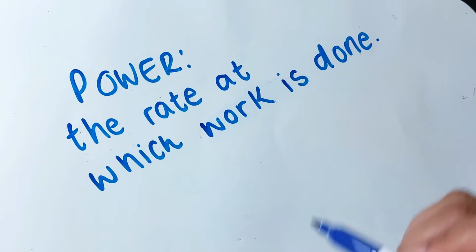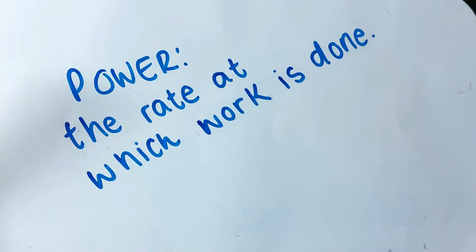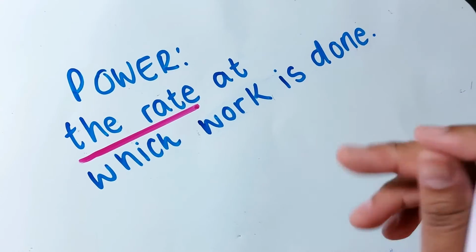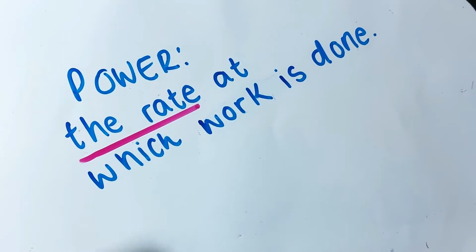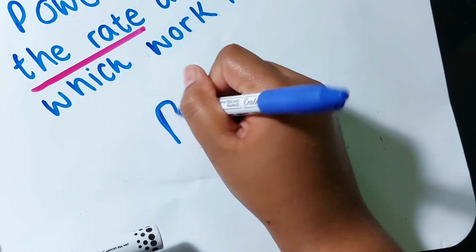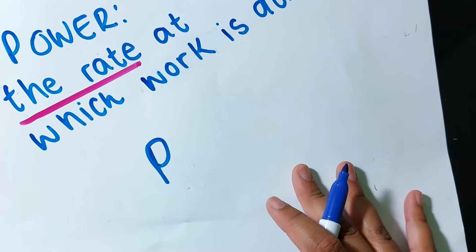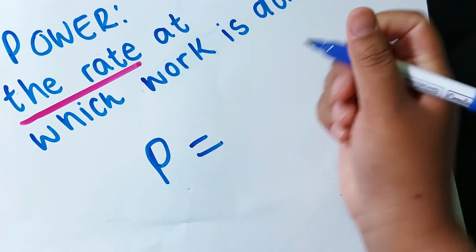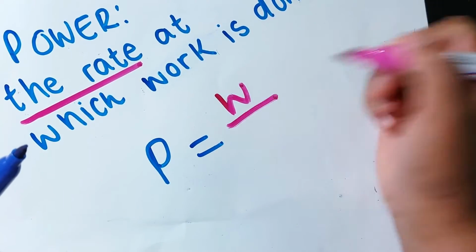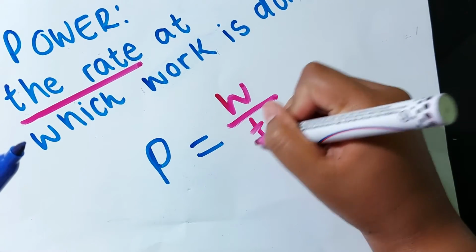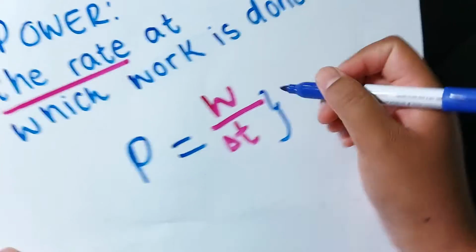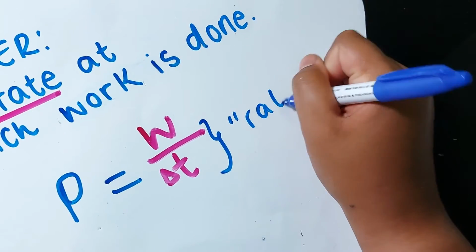Now the key phrase here, or one of the key phrases, is rate, because we know that rate is related to a very special mathematical function, and that is to say that power, symbolized by the capital letter P, is equal to work divided by time, delta t. Okay, and so this is where we get the idea of rate from.